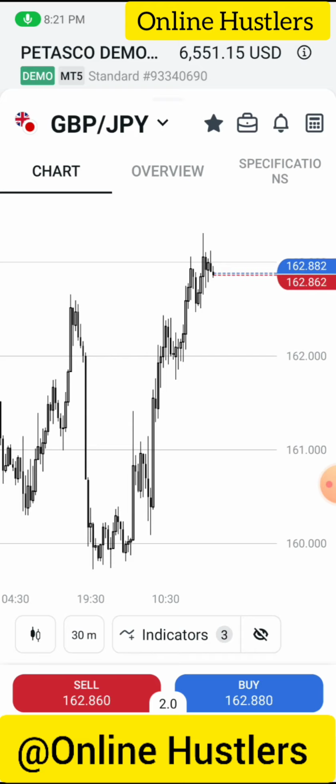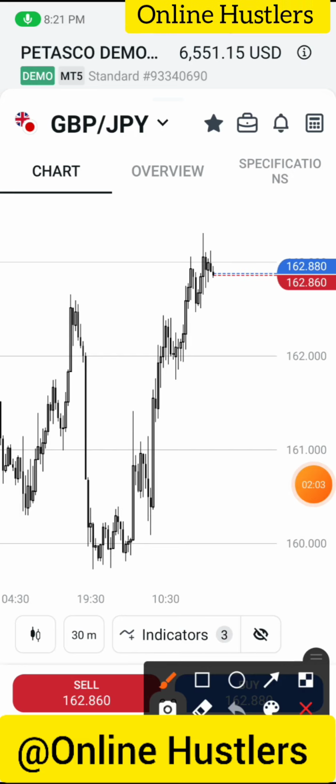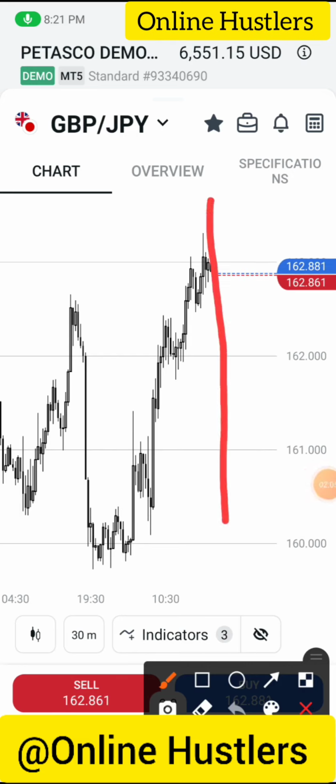So let me draw a line indicating an example of what it means. So let's say this is the chart. Now let's say these are the three points. So this will be our stop loss, that is in the sell position.